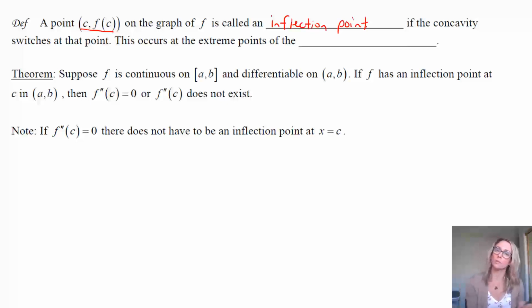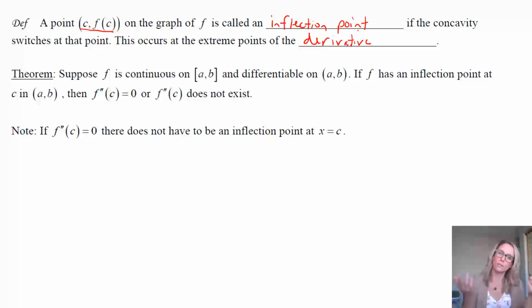If the concavity switches, so positive to negative or negative to positive, and this happens at the extreme points of the derivative because, of course, it is when the second derivative is equal to 0. And so that's like the idea of the extrema of the first derivative.